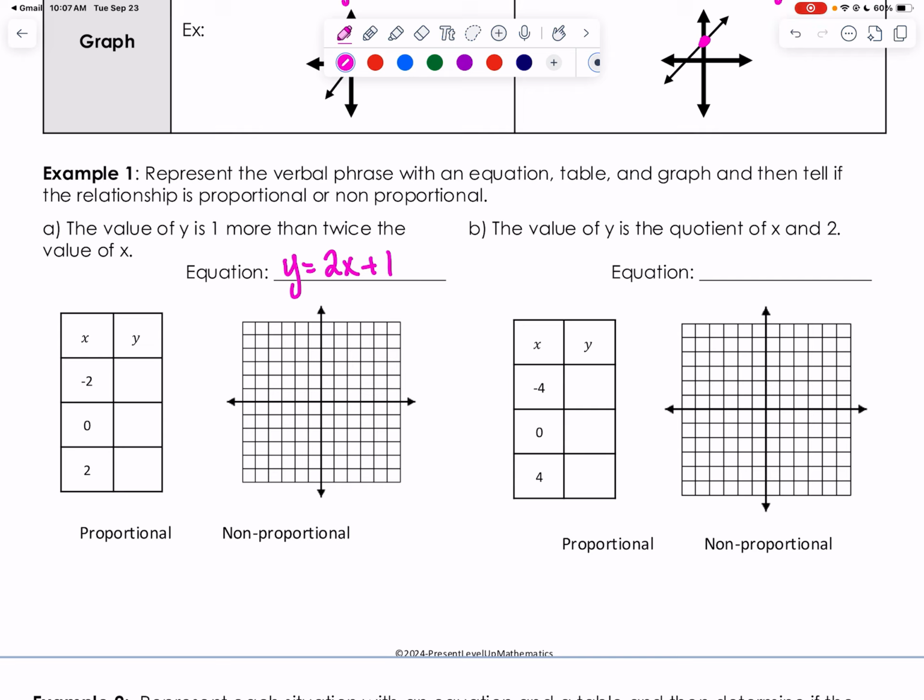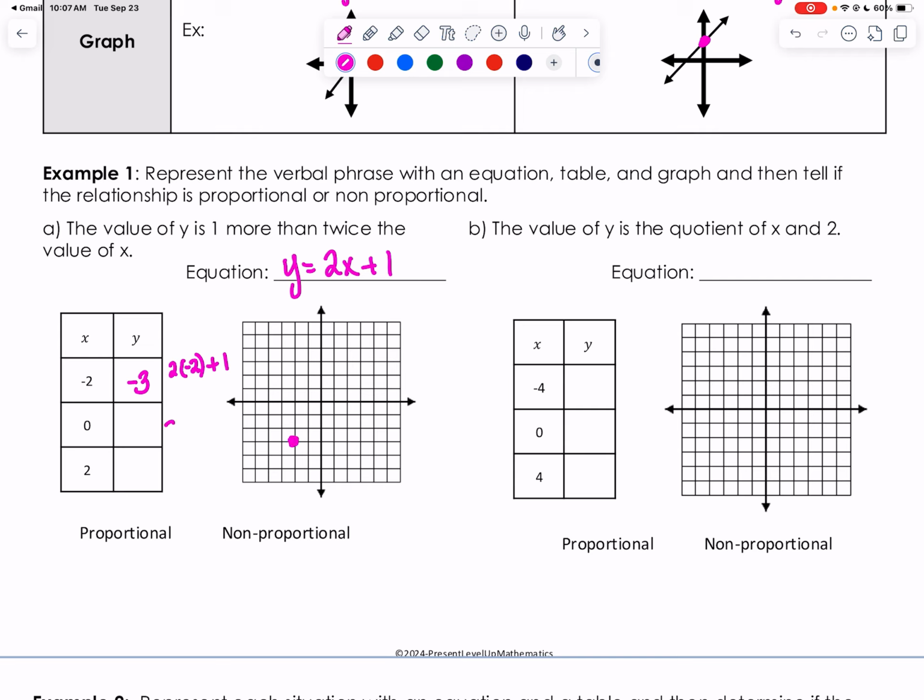But let's go ahead and fill out the table here. So if our x value is -2, that means we're going to multiply it by 2 and add 1. So 2 times -2 is -4. -4 plus 1 is -3. So let's plot that. -2, -3 would go right there.